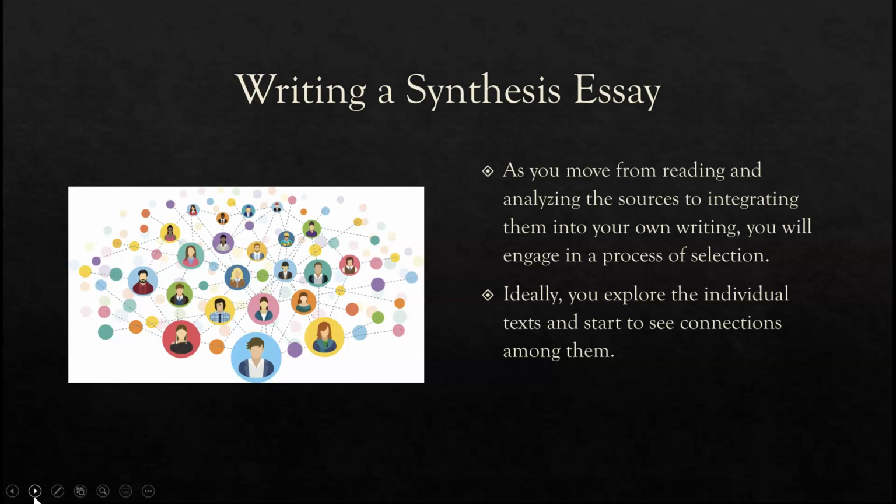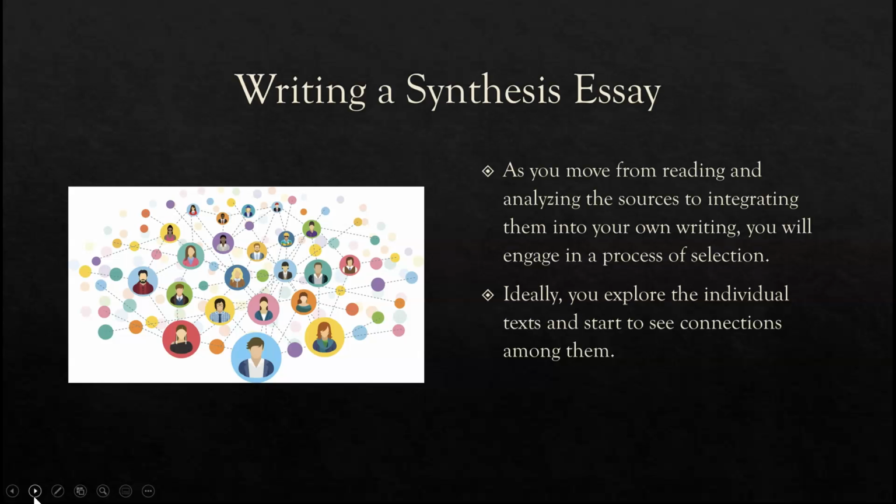Writing a synthesis essay. As you move from reading and analyzing the sources to integrating them into your own writing, you will engage in a process of selection. Ideally, you explore the individual texts and start to see the connections among them. You might look at 15 different sources when writing a paper, but only 10 of them, or even 7 of them, are useful, right?